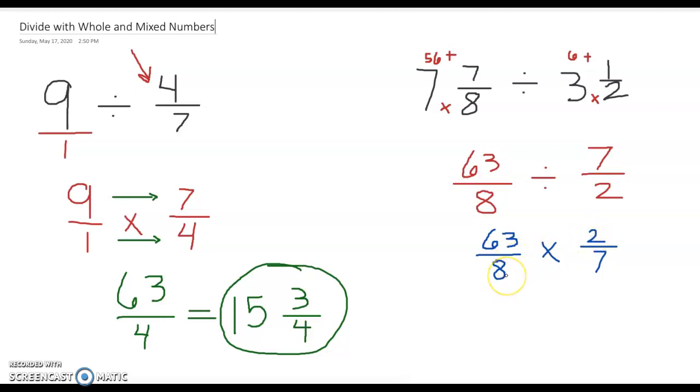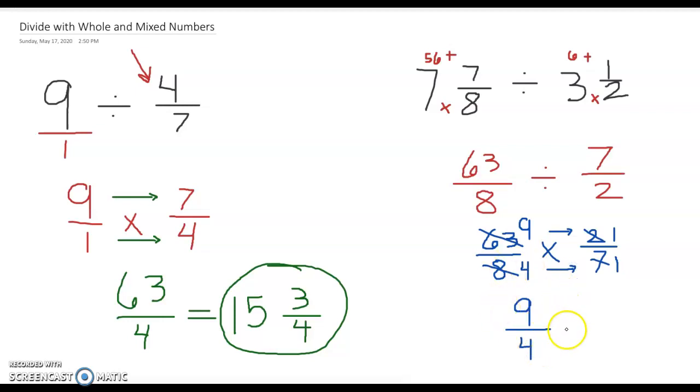Which is now, once we cut it all down, this is now 1, 1, and we have a 9 over here, and we have a 4 right here, because 7 goes into 63 9 times, and 2 goes into 8 4 times. Our new answer is going to be 9 over 4, because when I multiply across, this is what I get.